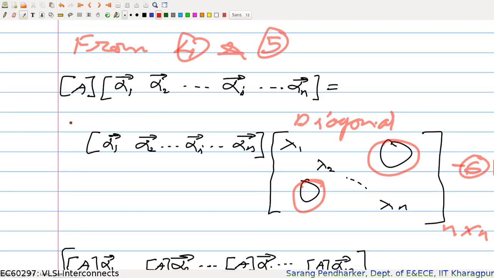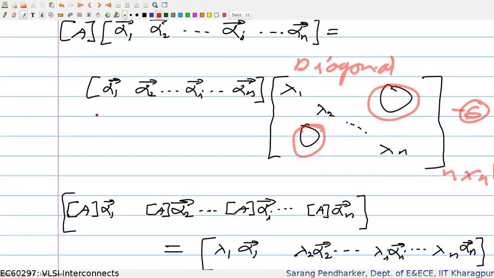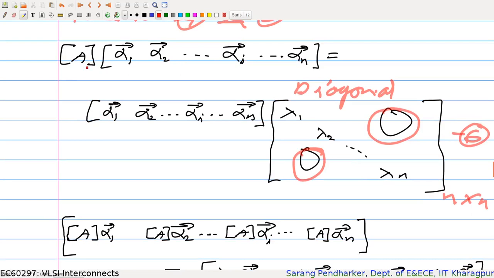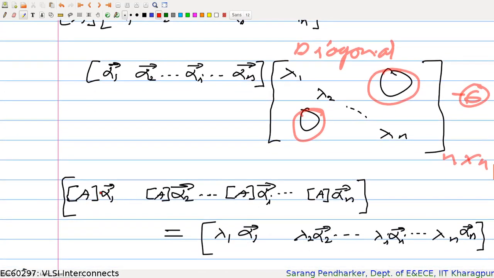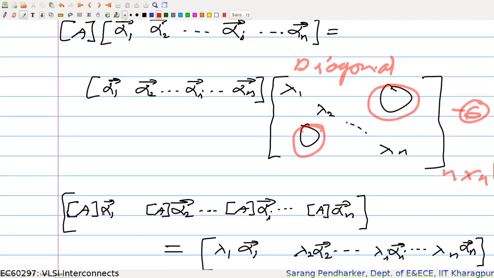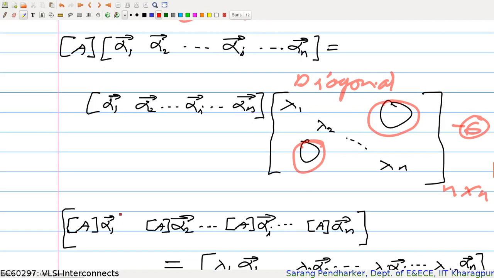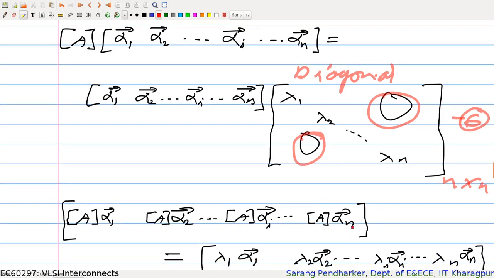Now if you look at how the matrix multiplication works, I can also write this multiplication of two matrices as an assembly of the multiplication of these block matrices. So basically I can have A into alpha 1, then that is stacked with A into alpha 2, A into alpha i, going up till A into alpha n.